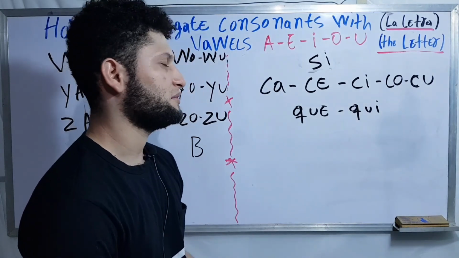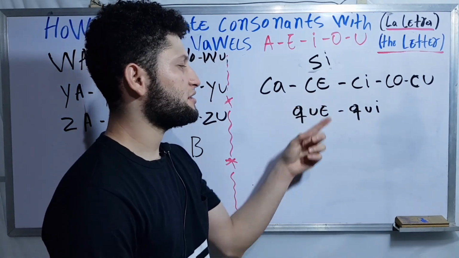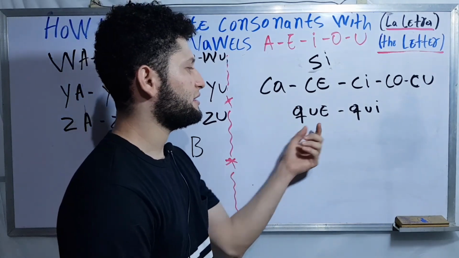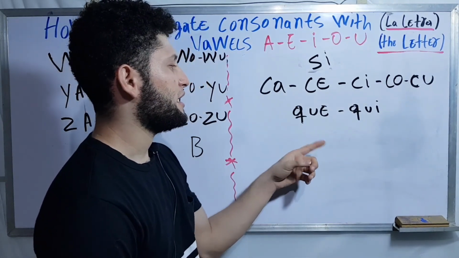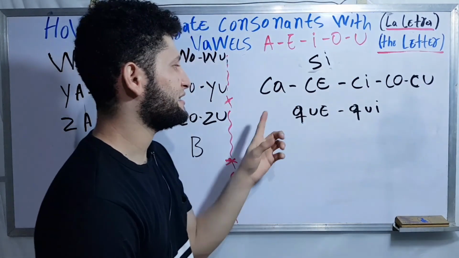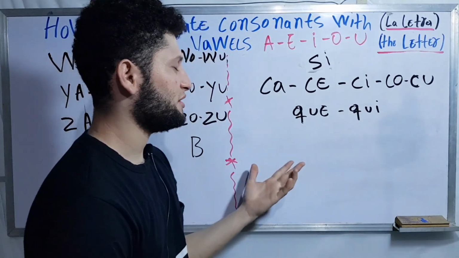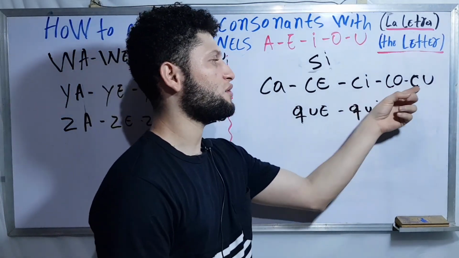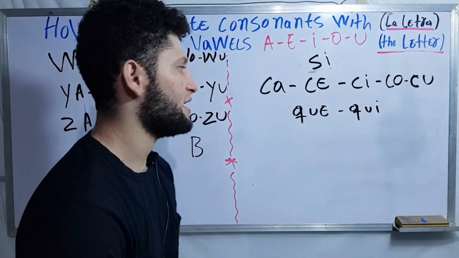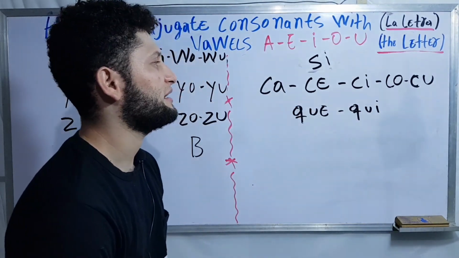So this is the rule that you need to keep in mind: this conjugation sounds se, si, and for you to get that sound, you need to say ke. Ka, ke, ki, ko, ku.